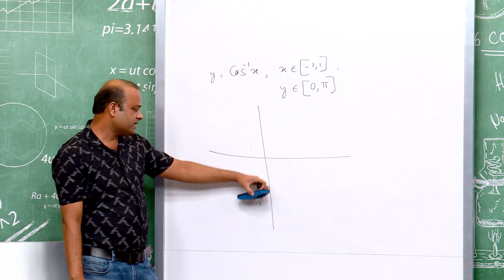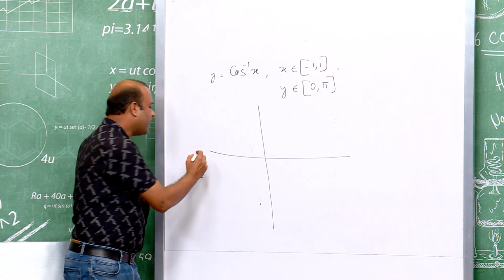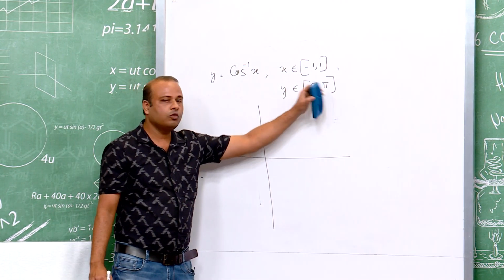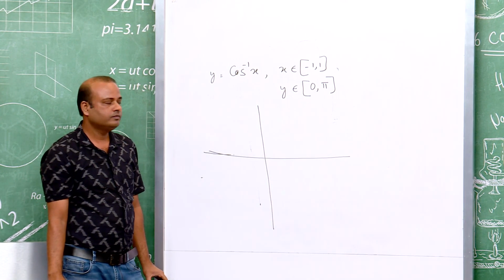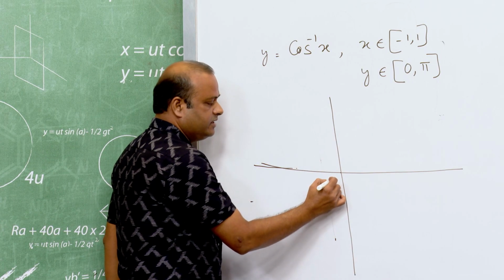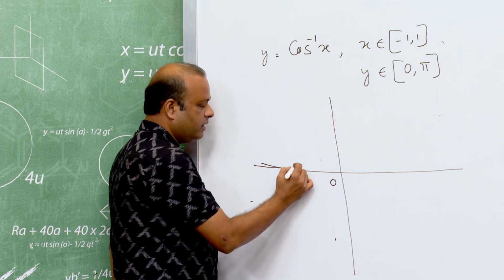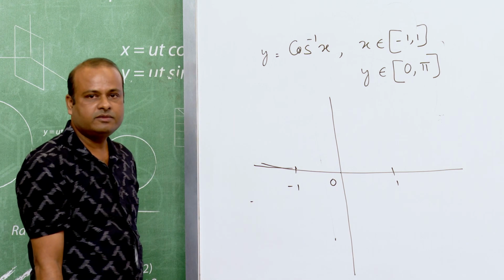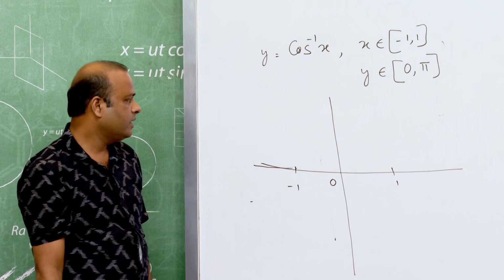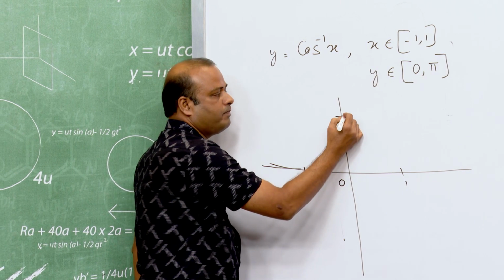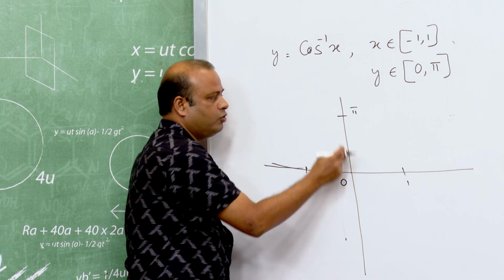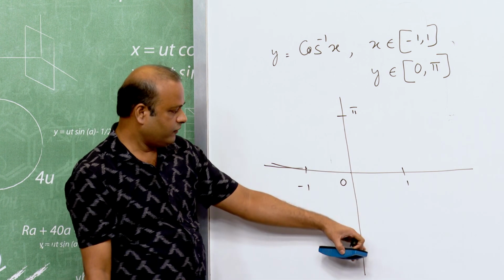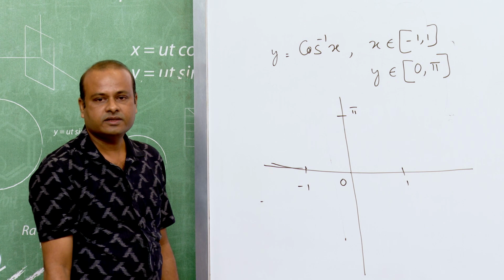If it is below x axis, then y will be negative, but here y is from the closed interval of 0 to pi, that is here it is 0, x lies between minus 1 to plus 1 and y from 0 to pi, right. So, no part of the curve lies below x axis.